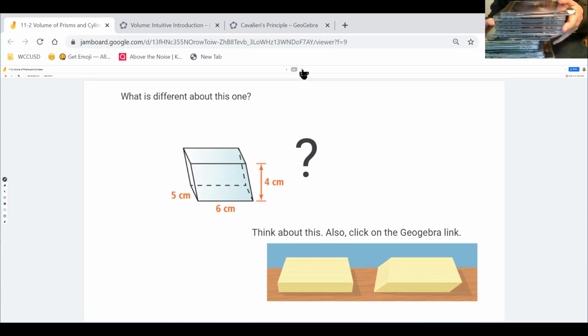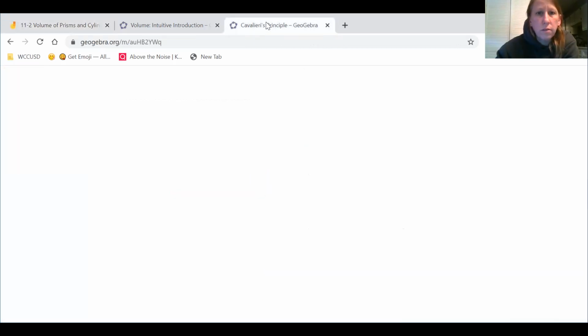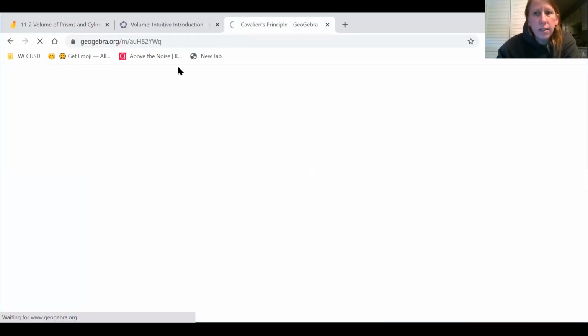Ooh, interesting. So let me show you on the website also. These don't tend to look very well. There was an Italian mathematician named Cavalieri, and I think he was a monk. I did put a Wikipedia article up for him.